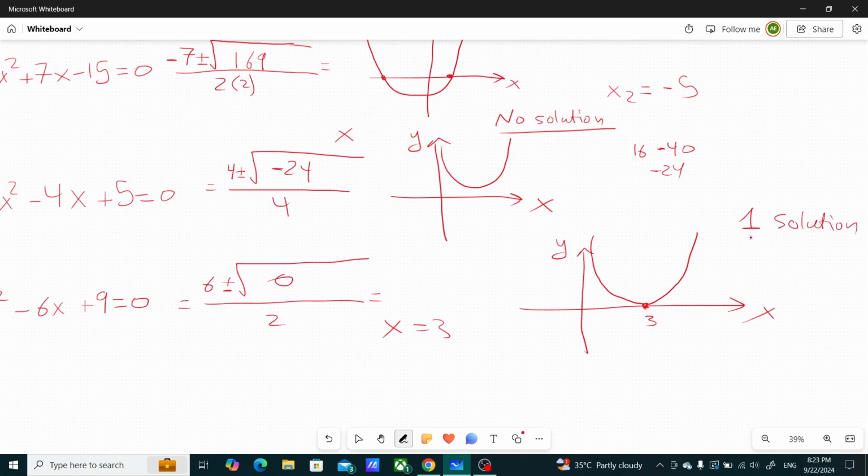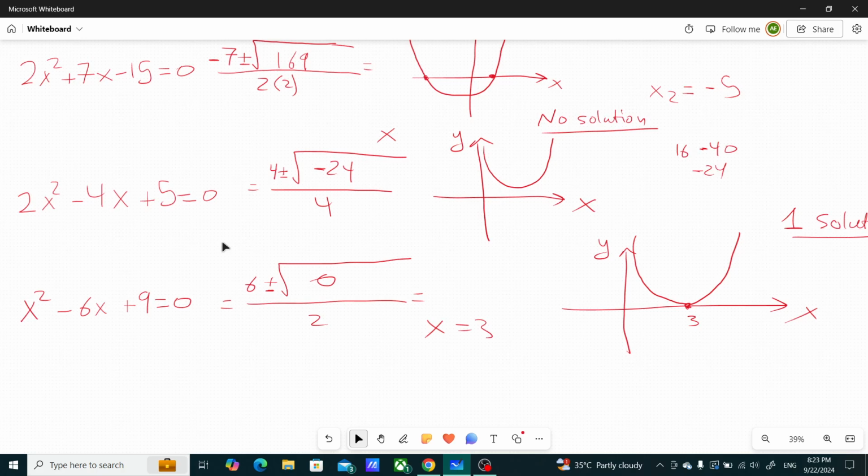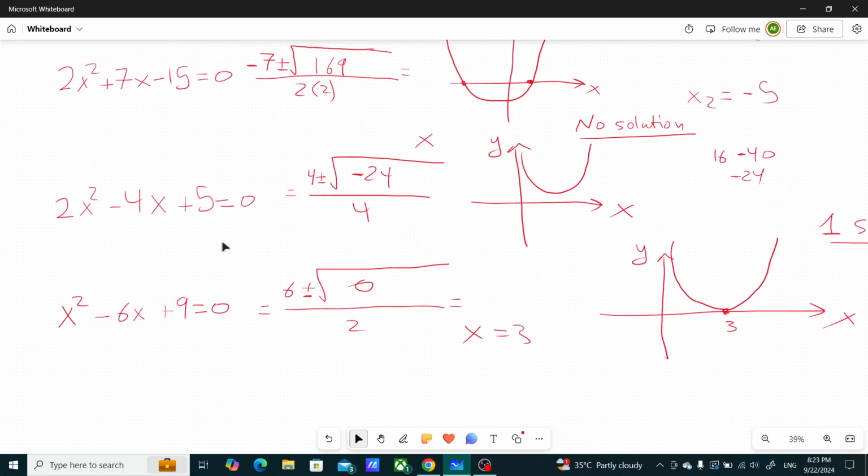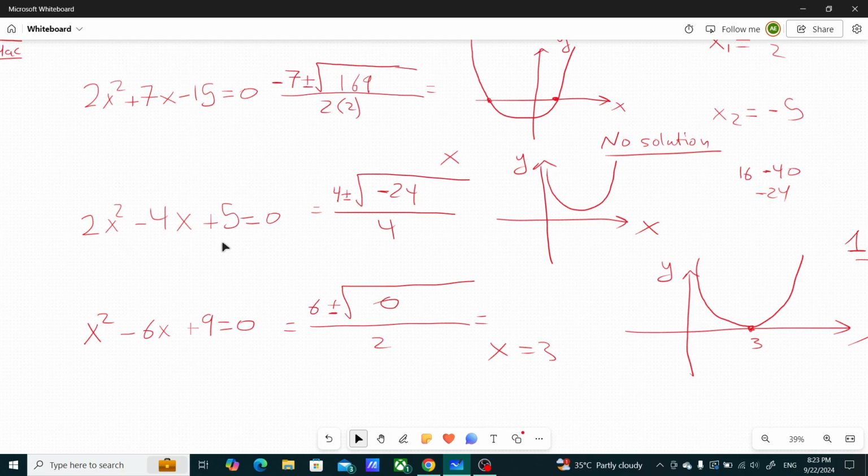Okay, so here, these are the 3 cases that you will find in a quadratic function. If we take a look at something that is very, very important, that determines am I going to have 1 solution, 2 solutions, or no solutions at all. It's basically the number that is under the square root.